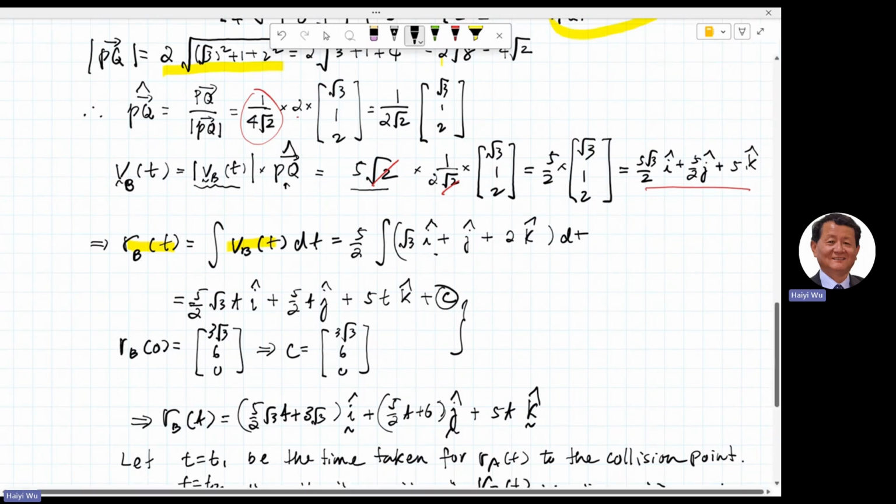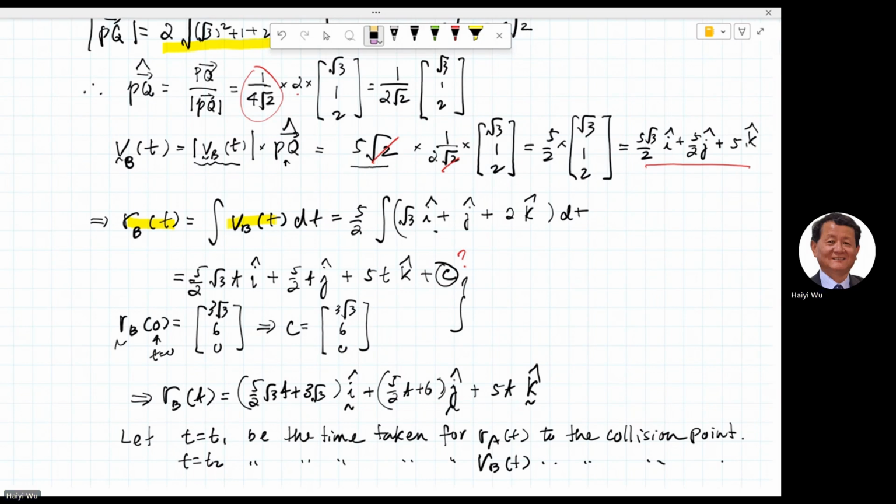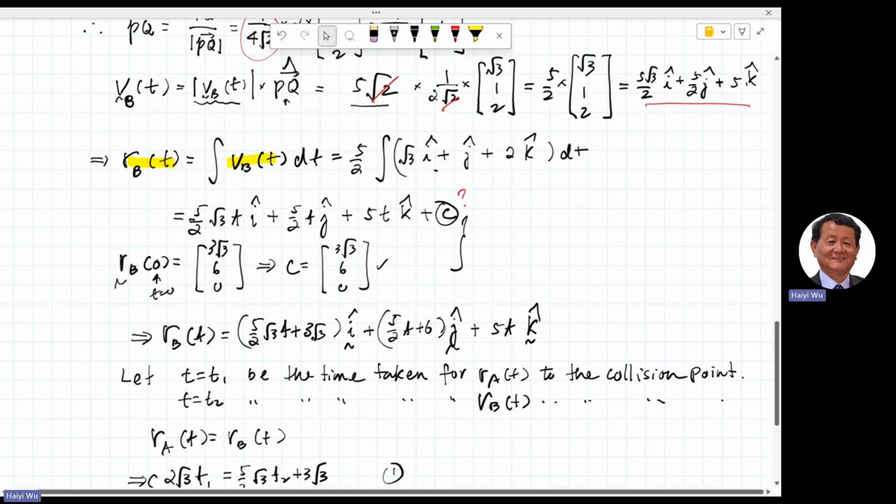However, we need a plus c, and we don't know what c is. We know that particle B at time equal to 0 is at position P, the initial point. So we substitute t equal to 0, and c will be that. Then putting it back into the r vector for B gives this format.